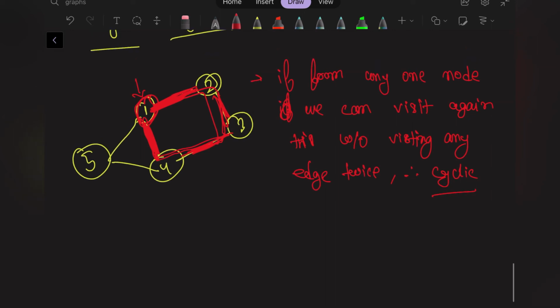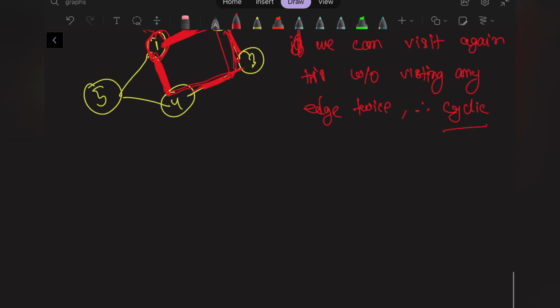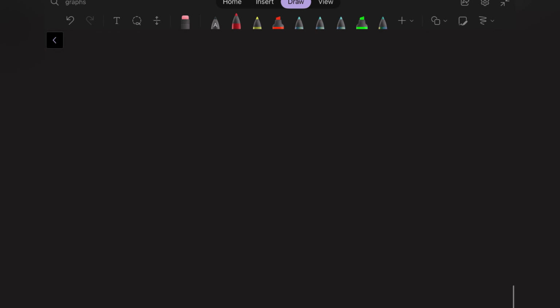Then again, we have directed and undirected graphs. We have discussed the cycle graph, and we can also have a weighted graph. Let's discuss one more type. So what is a weighted graph?